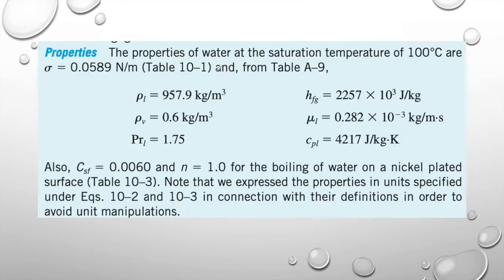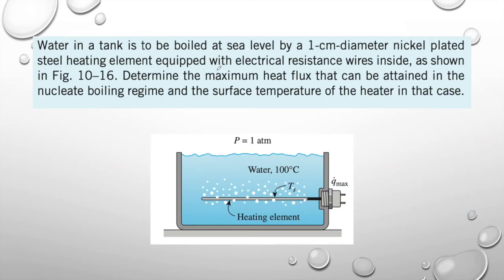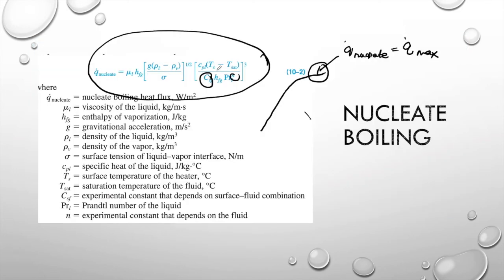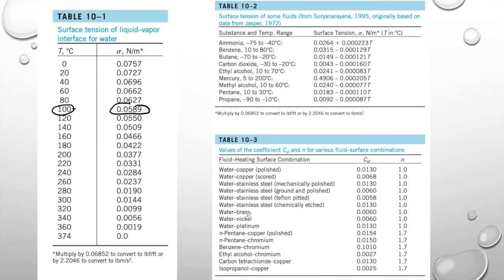Take a look at the question: water in the tank, and a nickel plate steel heating element. So our fluid heating surface combination is water nickel. Do we have any other nickel?